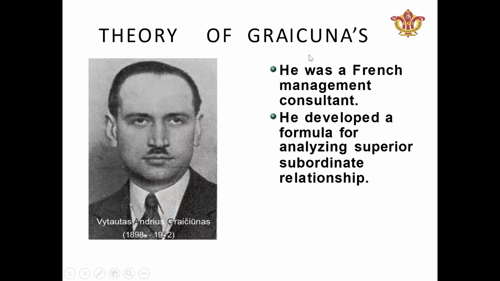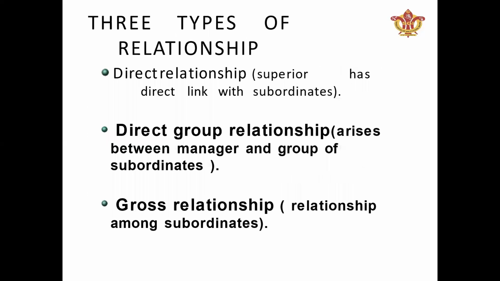Now, what is the theory of Graicunas? Graicunas was a French management consultant, and he developed a formula to analyze superior-subordinate relationships. With the help of the mathematical formula given by Graicunas, we can easily calculate how many relationships there are in an organization.